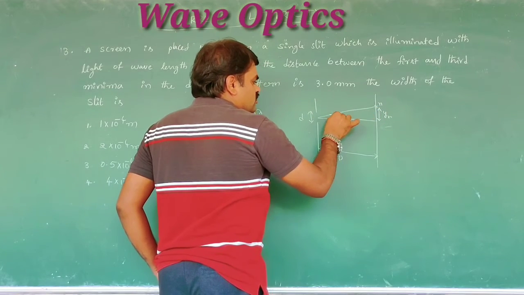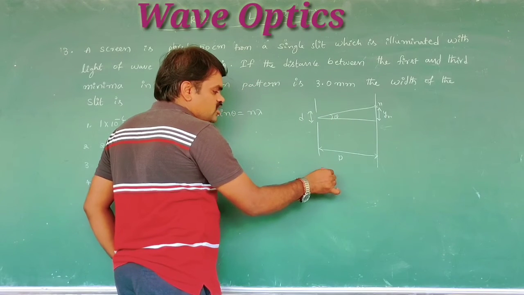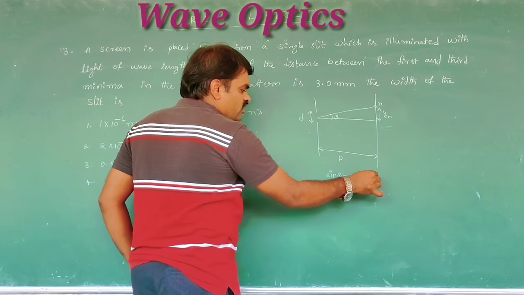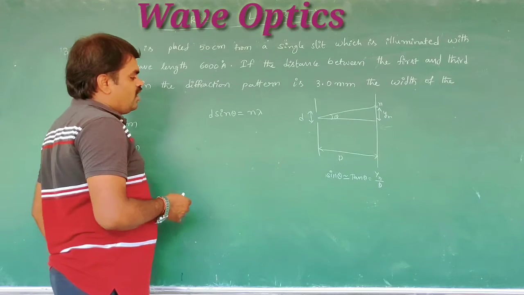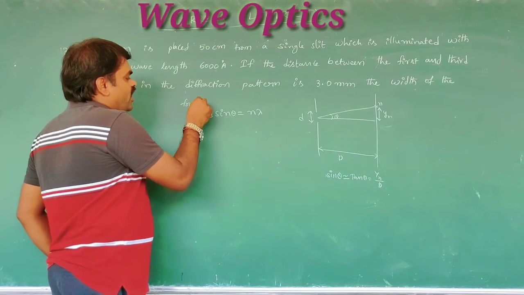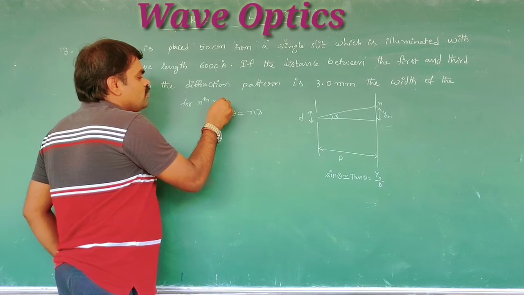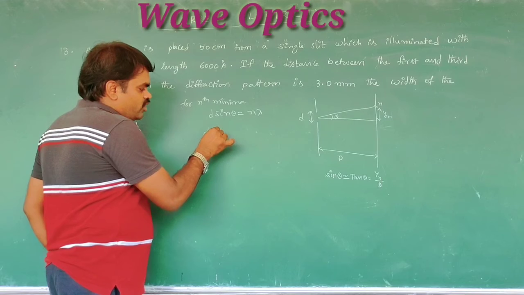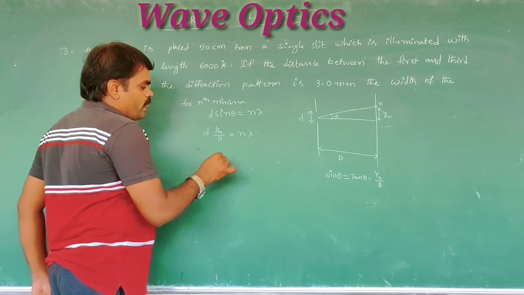Then it is theta, and theta is very small, so sin theta is approximately equal to tan theta. Then for the nth minima, yn by D is equal to n lambda by d.